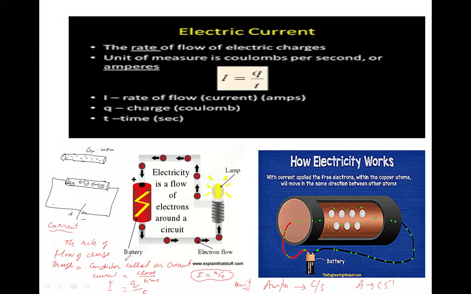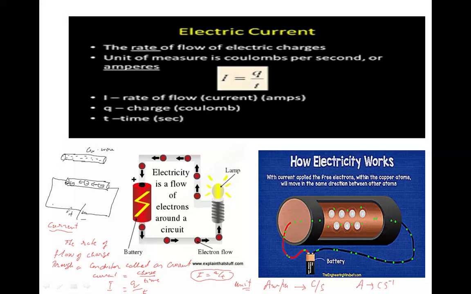The rate of flow of charge through the conductor is called current. And what is the flow of charge? These are the electrons, which move from the negative terminal of the battery towards the positive terminal. They move from lower potential towards higher potential. It is only the one case in science, I think, because things always move from higher potential towards lower potential.